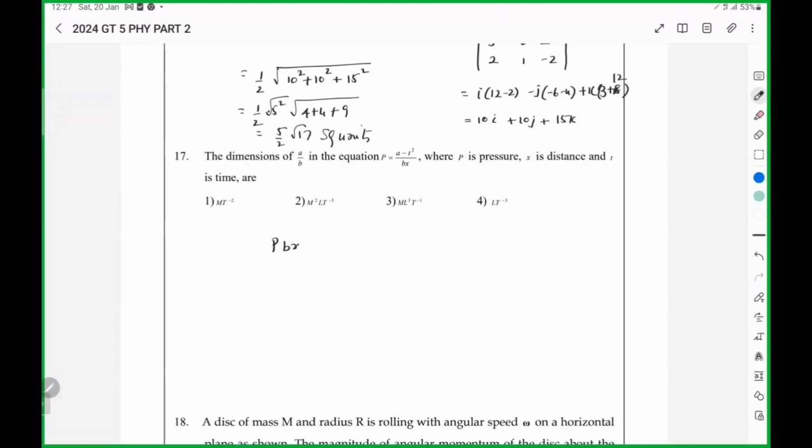Pressure is B x A minus T square. So its dimensional formula of A must be T square. X is length. So pressure as a force per unit area is ML power minus 1 T power minus 2.